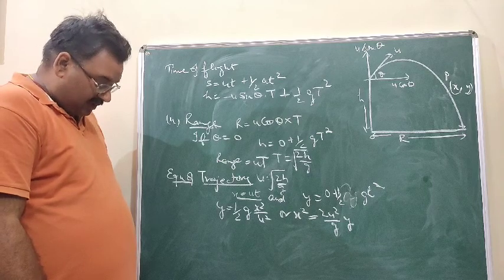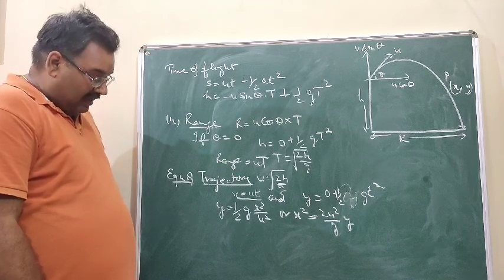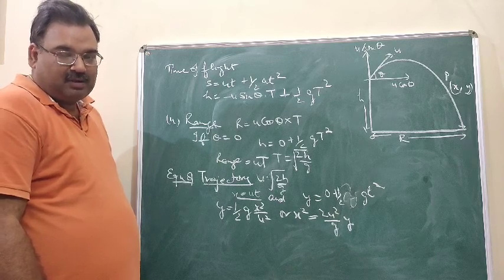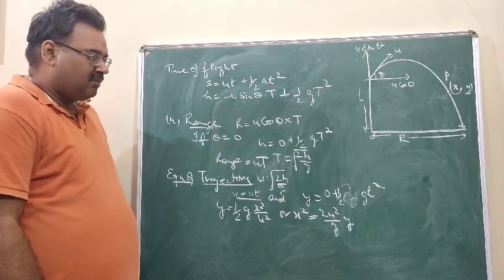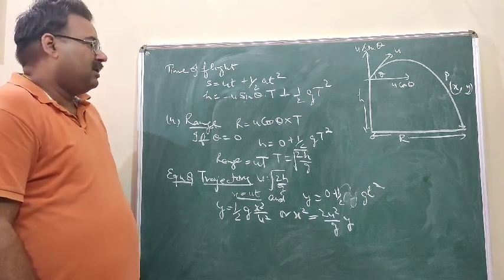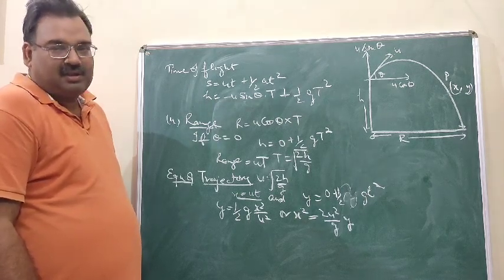Again this is an equation that has got one variable to the power 2 and the other variable to the power 1. So this equation also represents the parabola. So the trajectory is parabolic in nature.